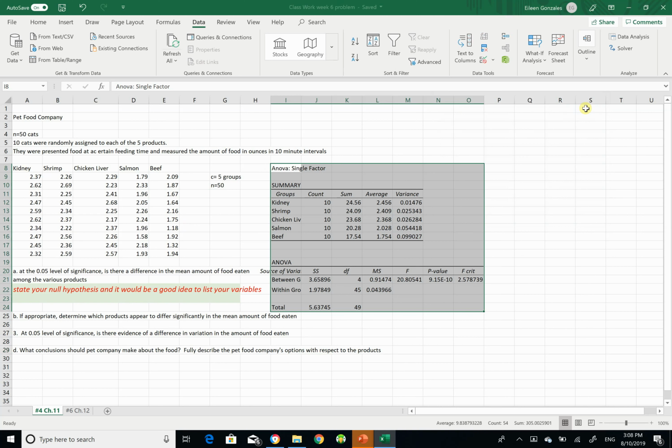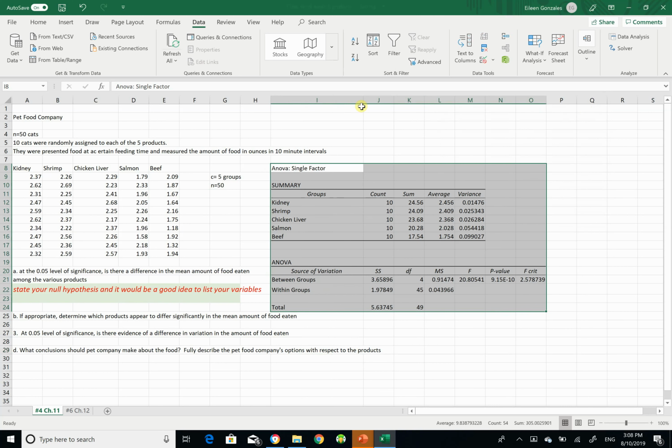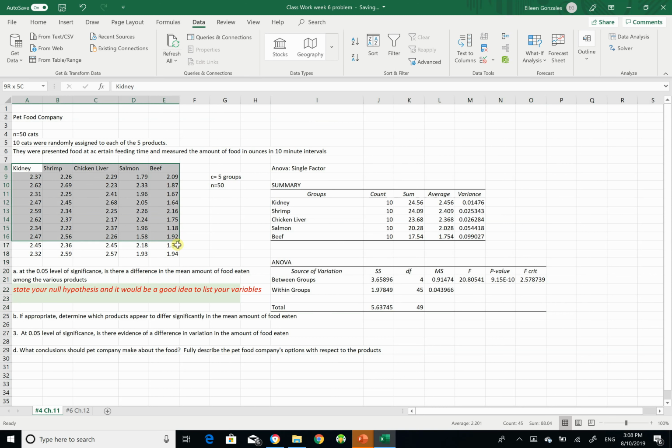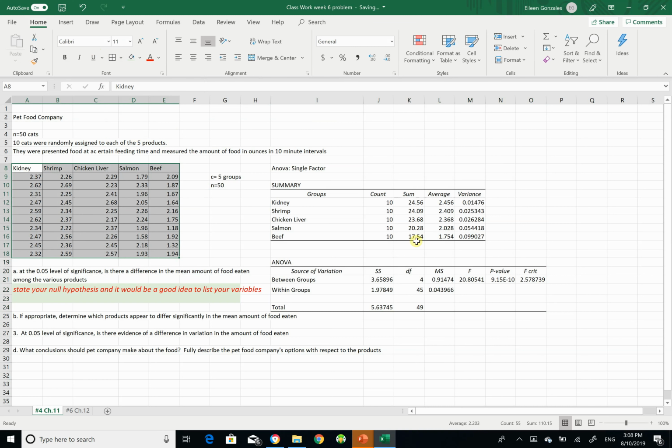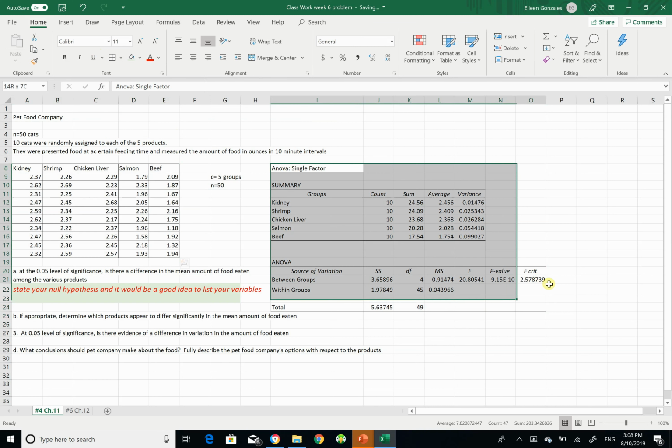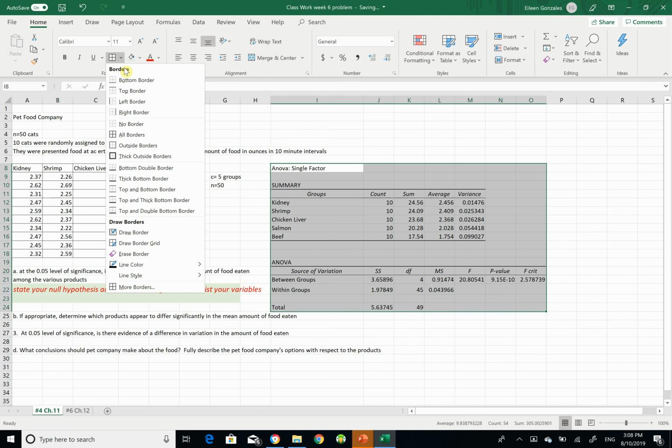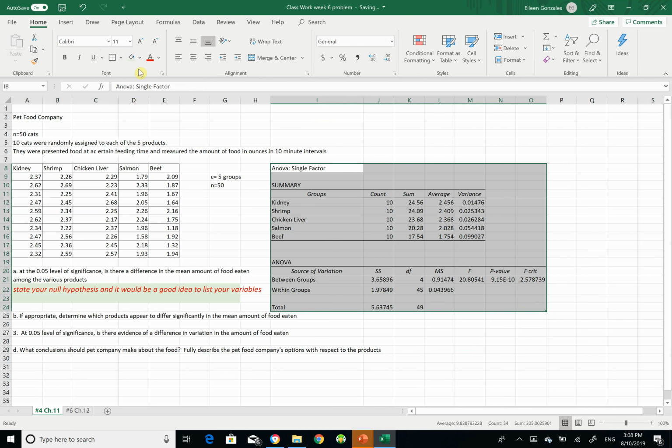Okay, and so here we are with our data. I'm just going to do a few things here, like putting a border around all of this.